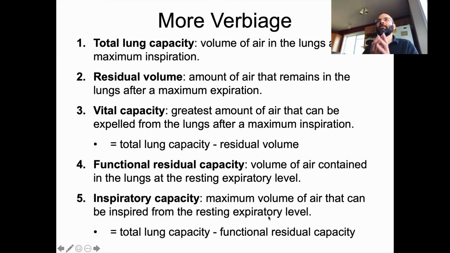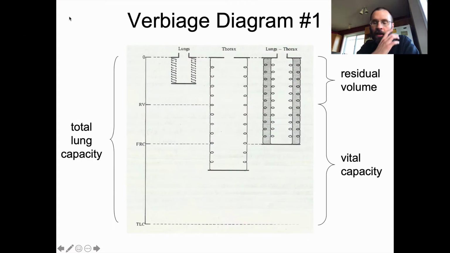So if you happen to just be temporarily at peace and then breathe in as far as you can go, you go all the way from your functional residual capacity to your total lung capacity. That range is going to be called your inspiratory capacity. And I'm mentioning these because the diagrams I'm going to show you next will make use of these landmarks in terms of your total lung volume.